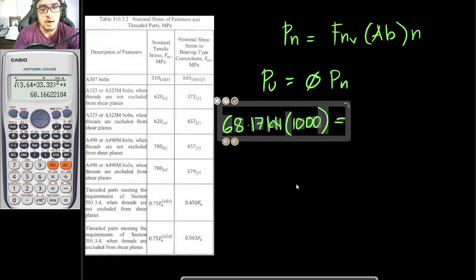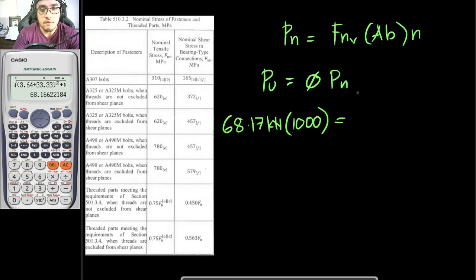So phi Pn, and our phi in shear of fasteners is equal to 0.75. And for our Pn, Fnv, let's say we use 457. Let's say our bolt is of A325 standard and the threads are excluded from the shear planes.